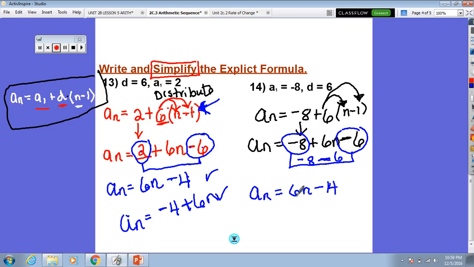And if I don't see my answer written this way, remember they could switch it up and they could put the negative 14 at the beginning because the sign in front of him is his sign, and the 6n could be at the end. One of these must be the answer choice that I'm looking for. So this is write and simplify the explicit formula for each. And these would be my answers.